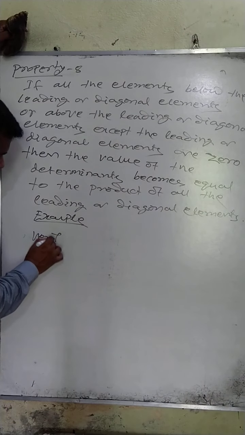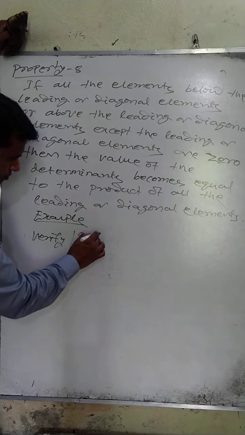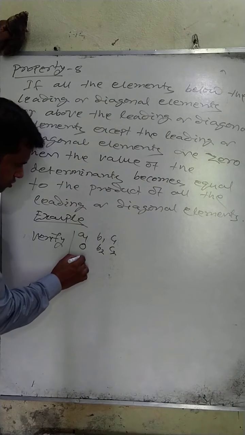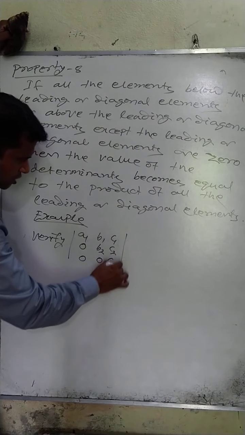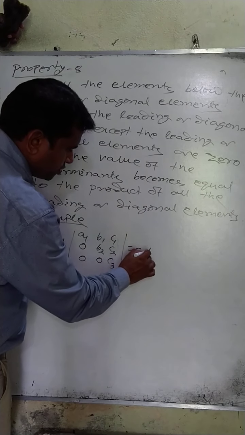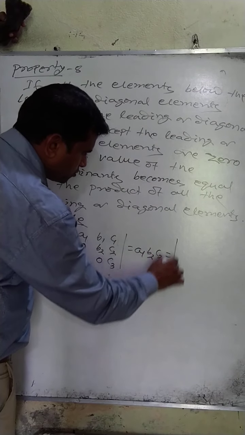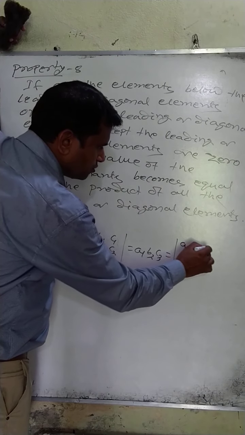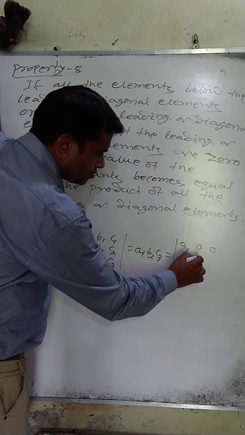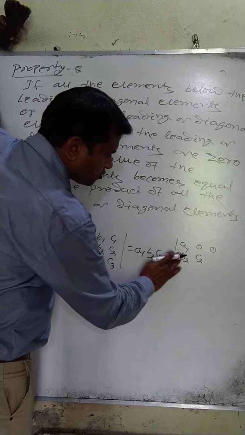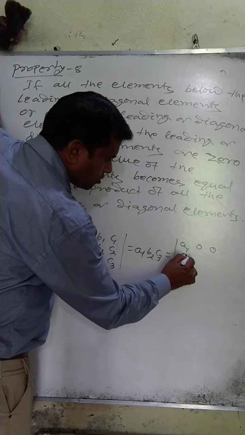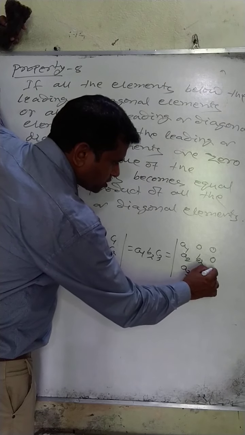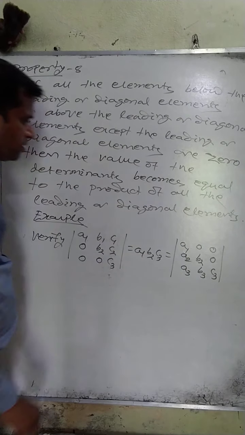Verify: the determinant A1 B1 C1, 0 B2 C2, 0 0 C3 equals A1 B2 C3, and the determinant A1 0 0, A2 B2 0, A3 B3 C3 also equals A1 B2 C3.